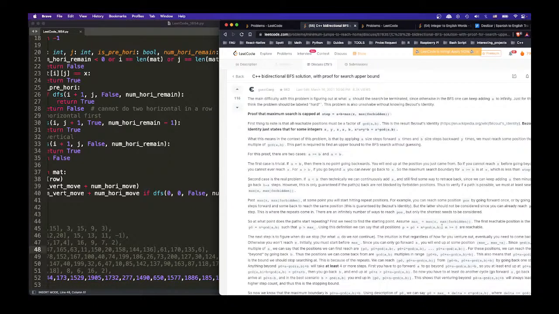Go through this one more time. Yes, I end up at some position, which is P. It's P0 plus... what's P0? P0 is the first one that is larger than the max, right?